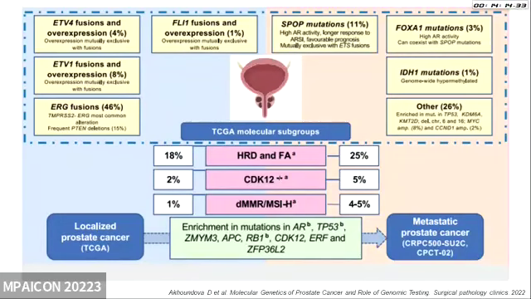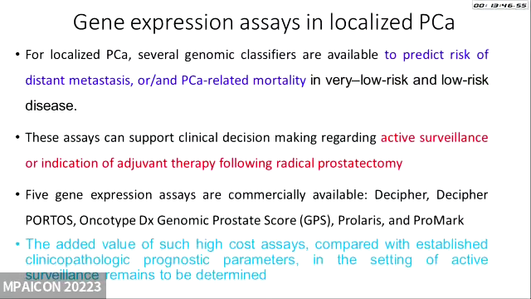In addition, what is important is there are problems related to homologous recombination deficiency related genes, as well as Fanconi anemia related mutations. Next is CDK12 mutation, and then MSI related abnormalities. So all these are part of metastatic prostate cancer.